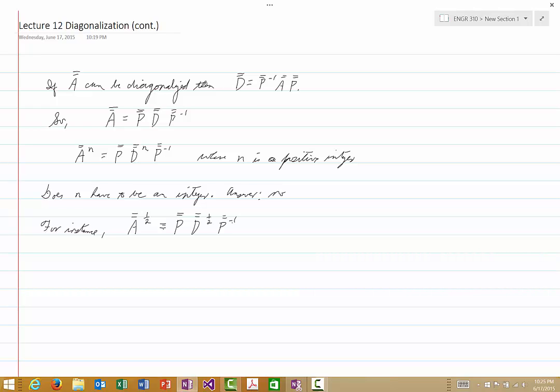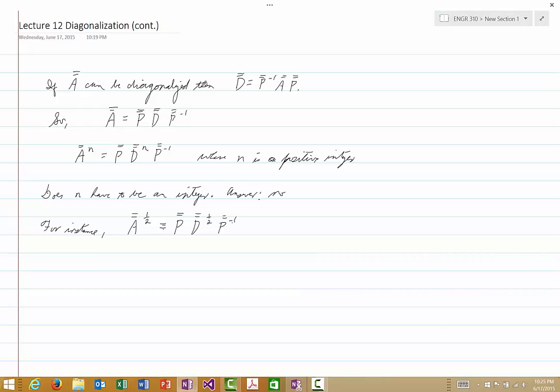But if A does have a full set of eigenvectors, then the square root of A, in other words, the matrix that can be multiplied by itself to give A, can be calculated in this way. You find the P matrix, the eigenvectors of A, and its inverse, and then you find the D matrix, whose diagonal elements are the eigenvalues of A. Then take the square root of that and multiply it all together, and you get the square root of A.